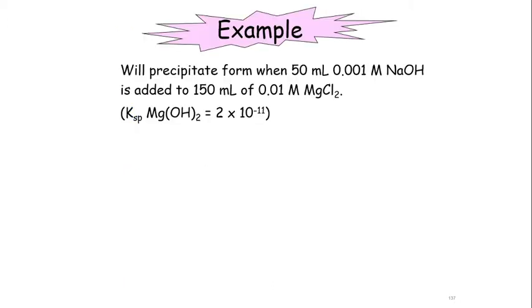For example, will precipitate form when 50 mL of 0.001 molar NaOH is added to 150 mL of 0.01 molar MgCl2, given Ksp of Mg(OH)2 is 2 times 10 to the power of negative 11.